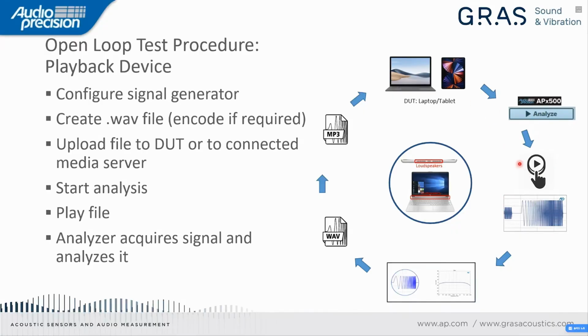So when we play the signal from the device under test, the APX analyzer will wait until it hears the pilot tone. And when it hears the pilot tone, it will trigger the signal acquisition. Once we acquire the signal, then we can analyze it.